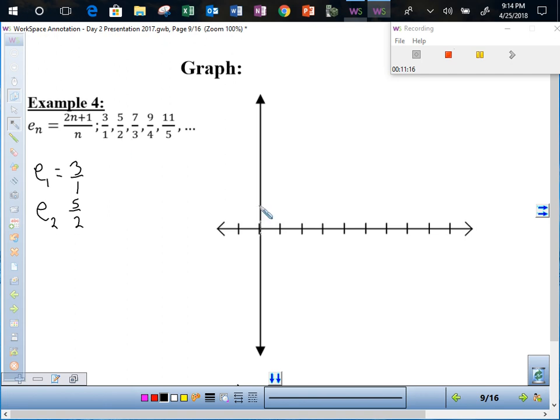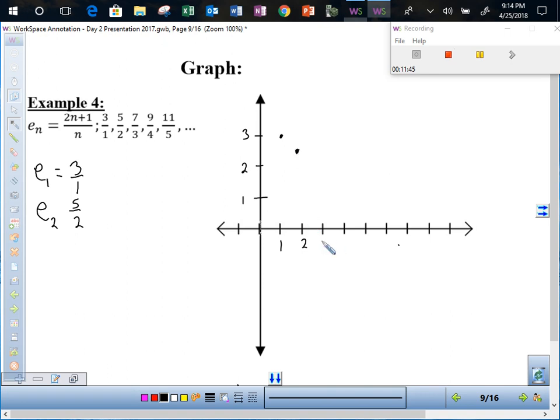Now, let's picture this. There's a 1, there's a 2, there's a 3. Now, let's plot these and see if we can figure out anything. And then I'm going to come back and have you relook at the equation. The value of the first term was 3. The value of my second term was 2.5.